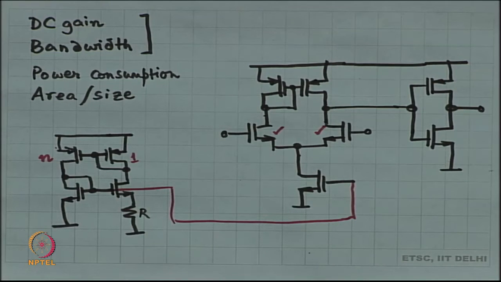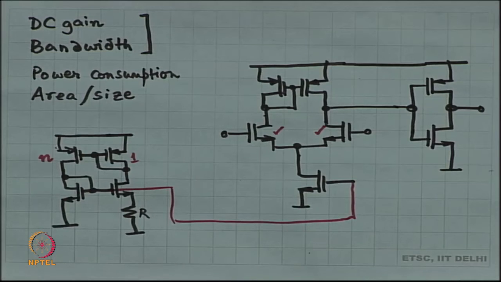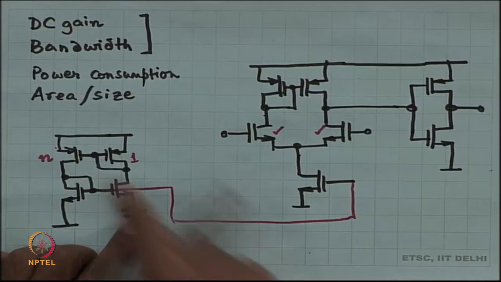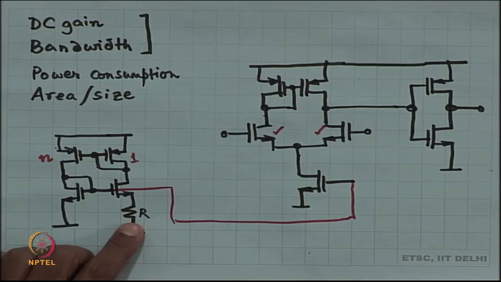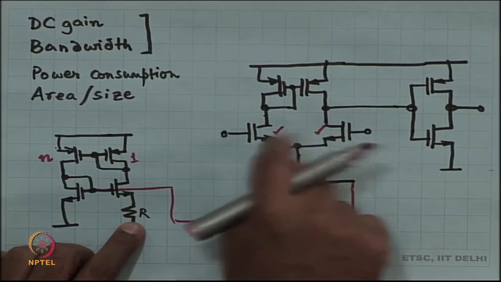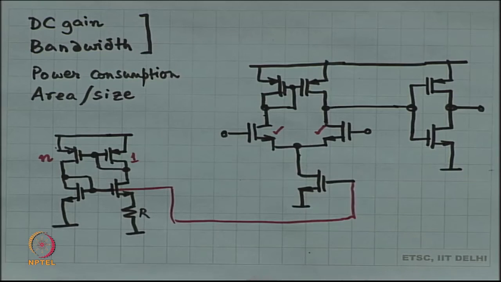I think square root of 1 by n minus 1 or something, I have forgotten what it is, or 1 minus 1 by n, something like that. It does not matter, it is a constant number, right, which is related to n and R, 1 by R. So, the GM of the input differential pair is suddenly proportional to 1 by R. So, that is the magic of this.